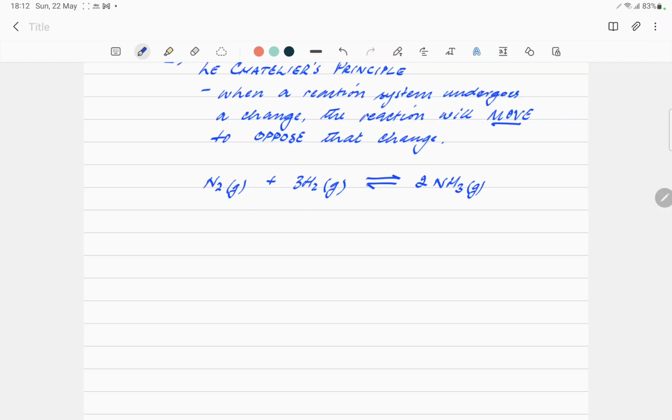And remember, this one was exothermic in the forward direction, so this is the exo side. If the reaction is reversed and goes in that direction, then this is the endo side, endothermic in that direction. Okay, so what are the effects?